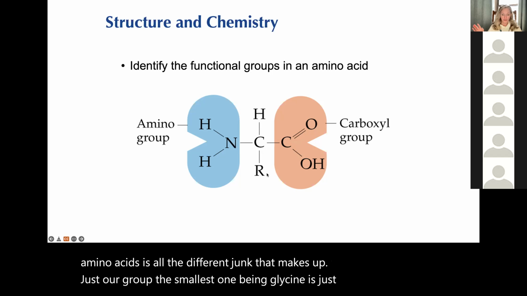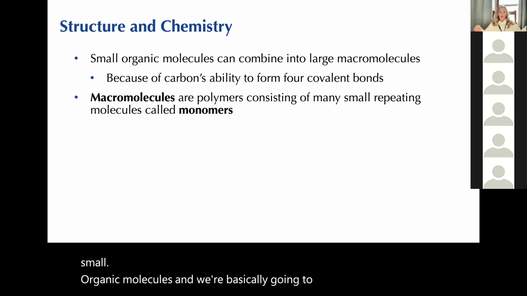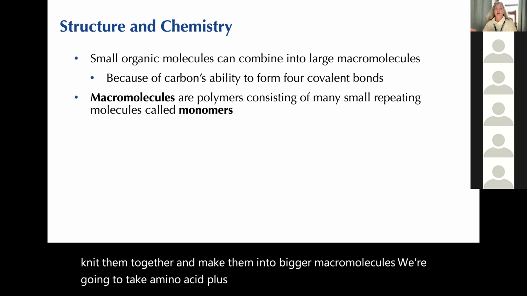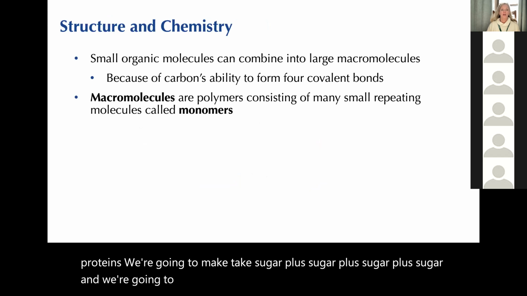The reason we get to know these is we're going to take our small organic molecules and stitch them together, or knit them together, and make them into bigger macromolecules. We're going to take amino acid plus amino acid plus amino acid and make proteins. We're going to take sugar plus sugar plus sugar plus sugar, and make disaccharides, polysaccharides, carbohydrates.